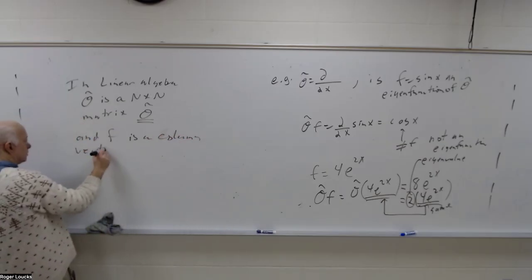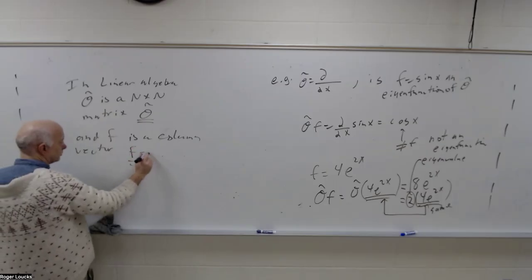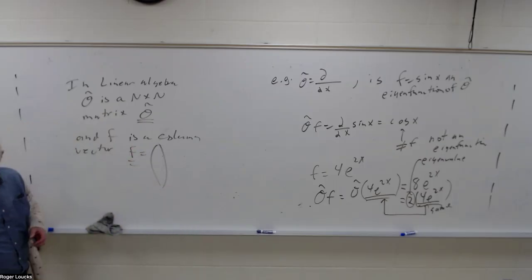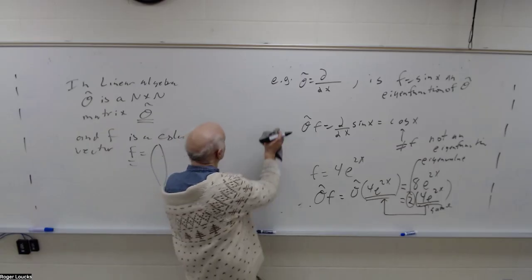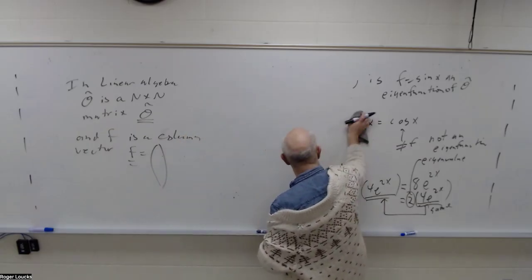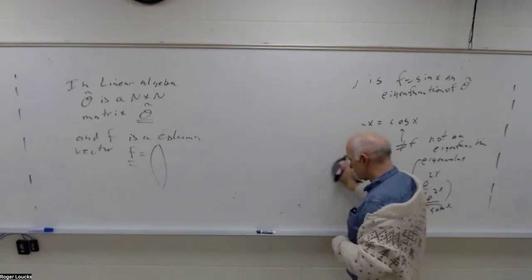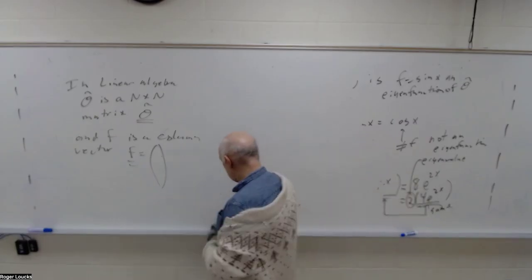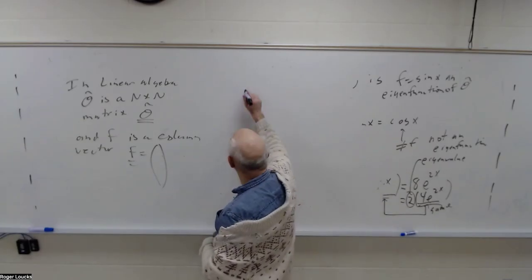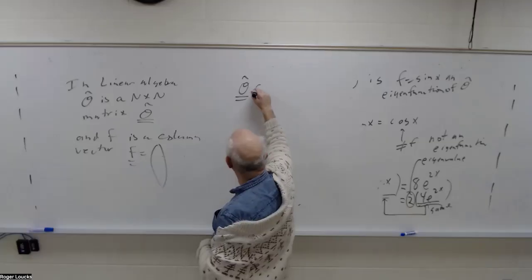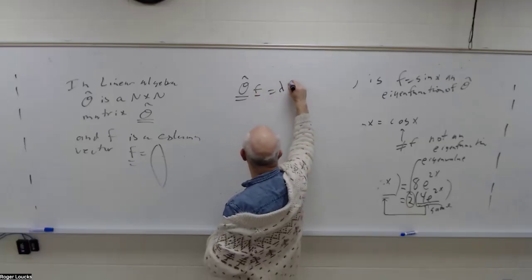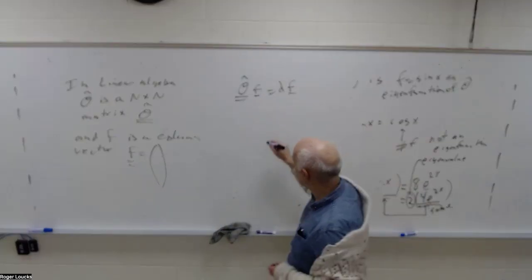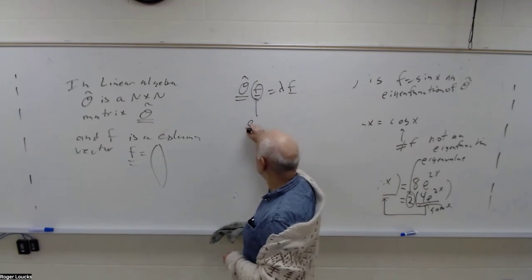This F moves about that. So we're going to have in that case, O acting on F, I'm going to get lambda times F. In this case here, you call this an eigenvector.